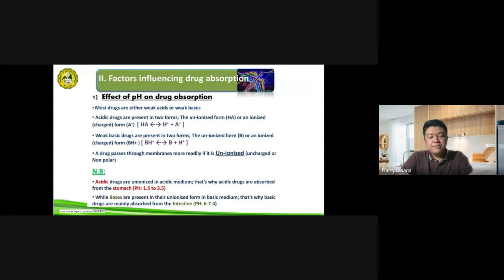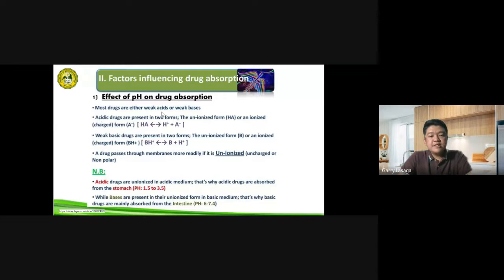So when the drug is absorbed in the biological membranes, there are different factors that will affect its absorption. One of the factors that will affect the drug absorption is the pH of the environment. So it is said that most drugs are either weak acids or weak bases.